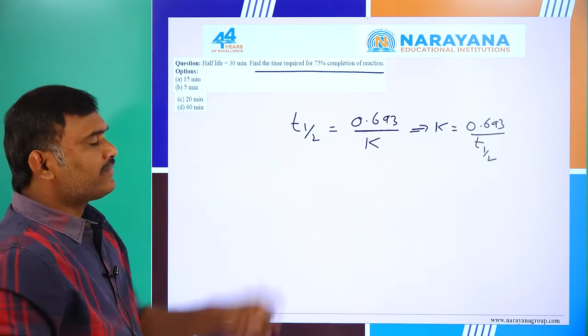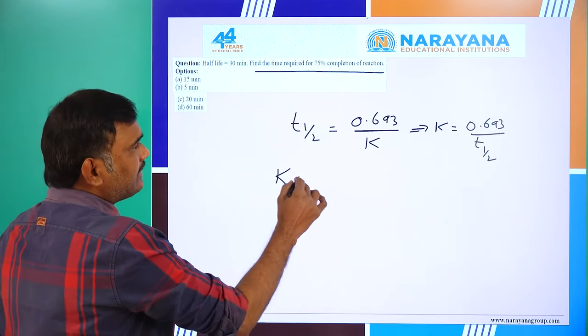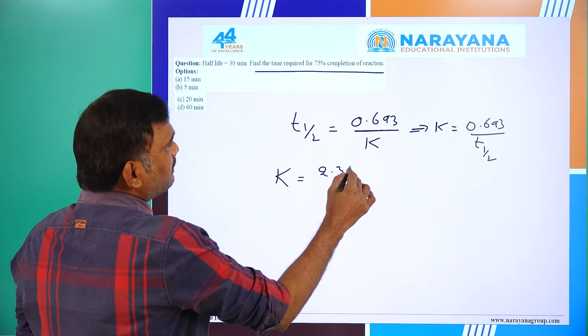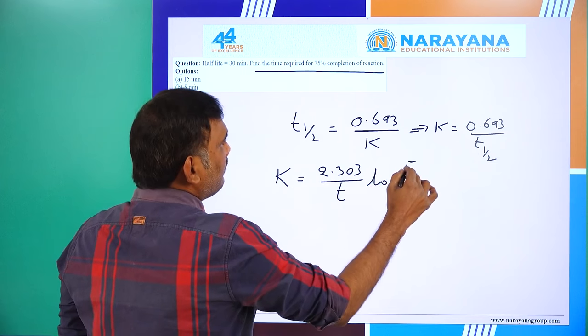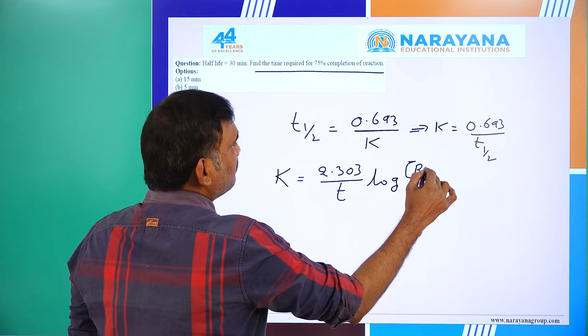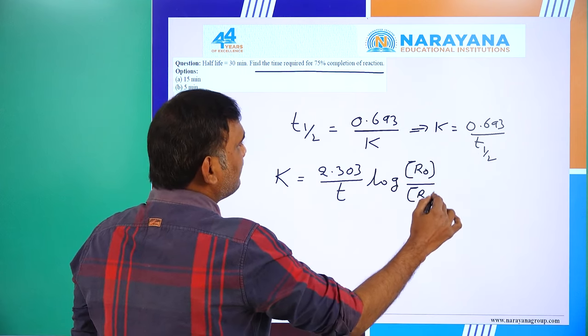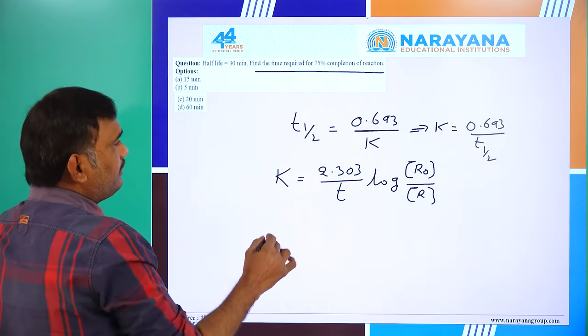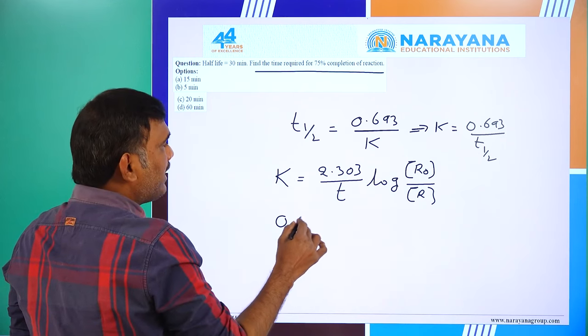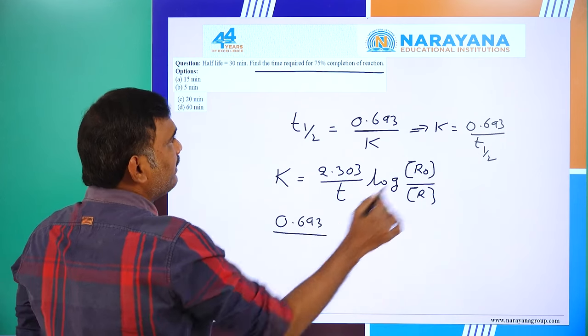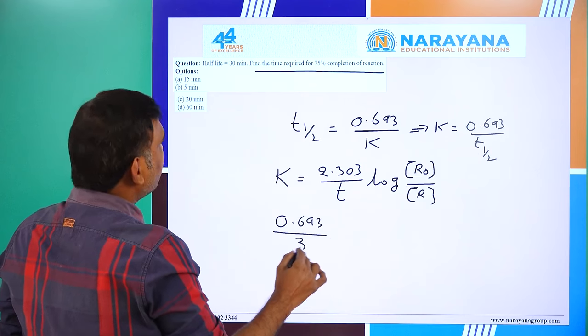Now for the time required, according to first order kinetics, K equals 2.303 by t log of initial concentration by concentration at time t. Then K you know is 0.693 by t half, which is 30 minutes.